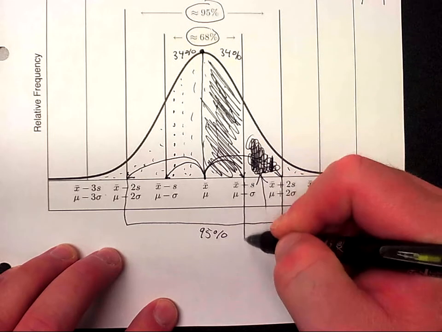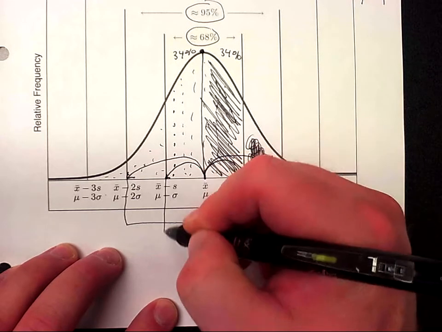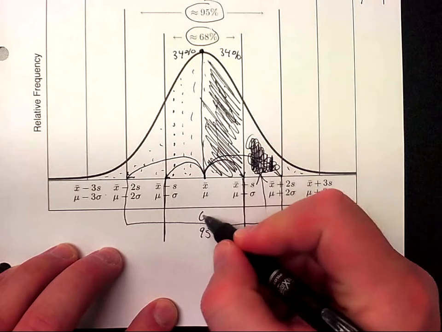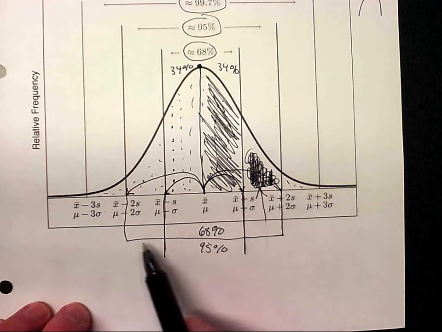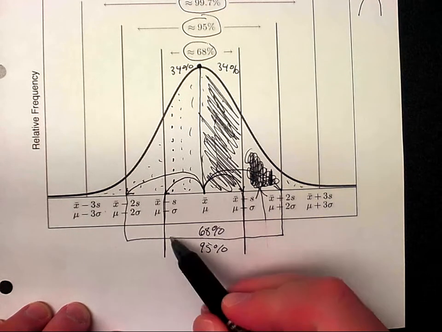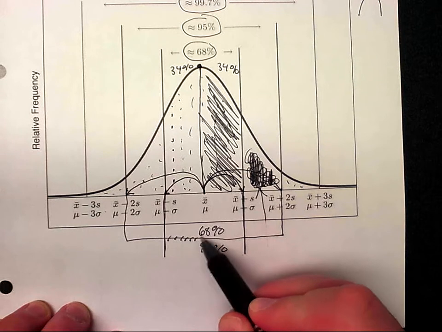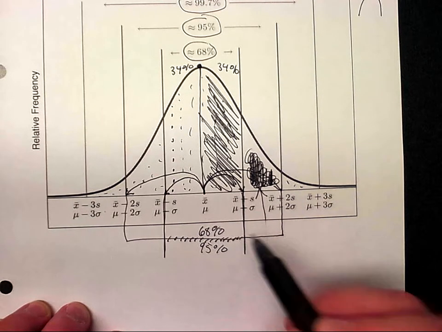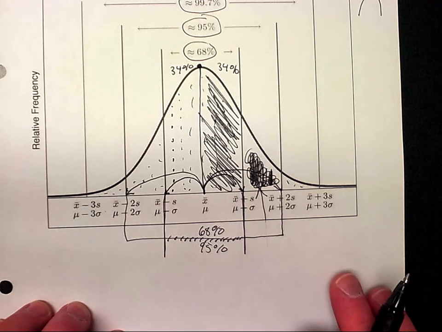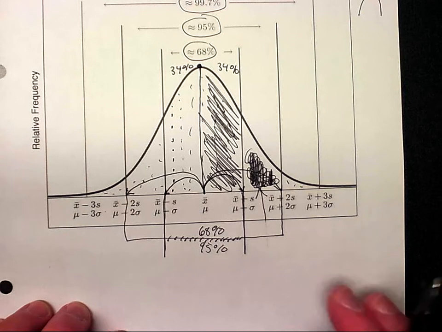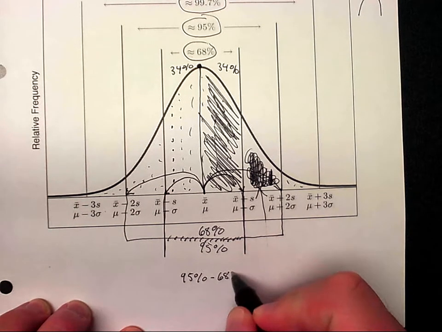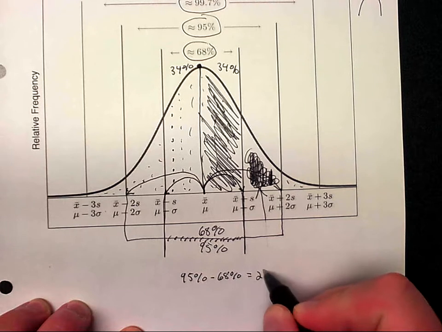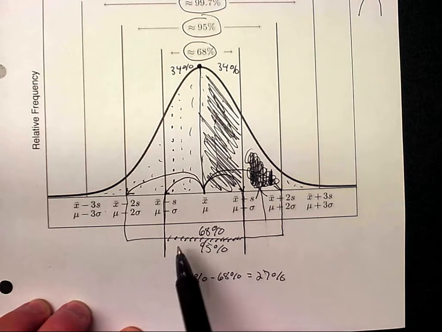But we also know that from this spot right here to this spot right here, we have 68% of the data. So if we take all of this 95% and we subtract out the 68%, how much does that leave us with? 27%. So we have then that 95% minus 68% is going to leave us with 27%.